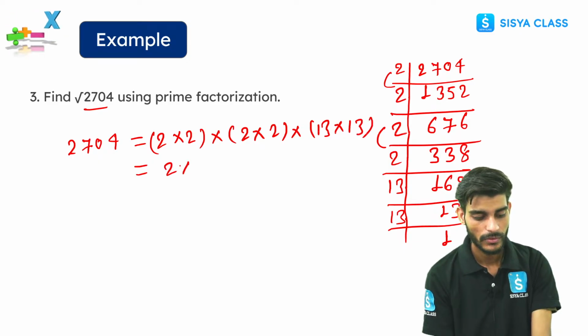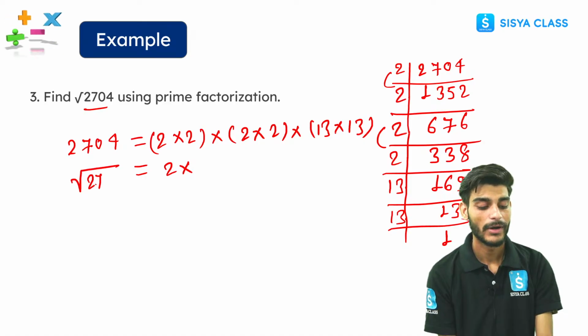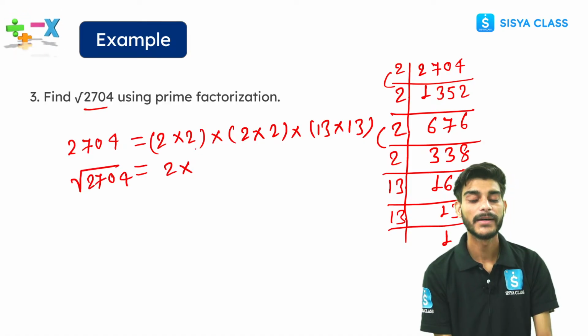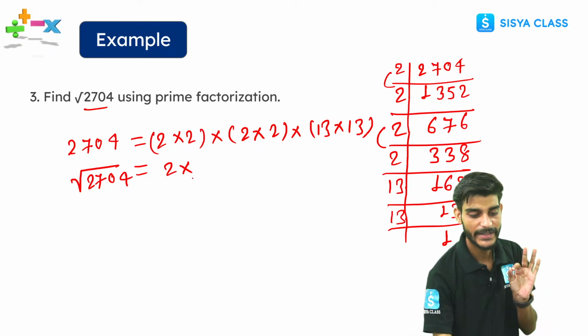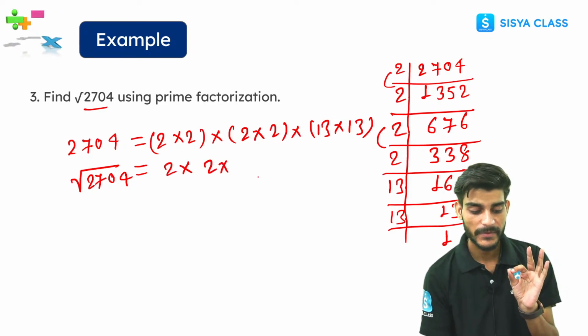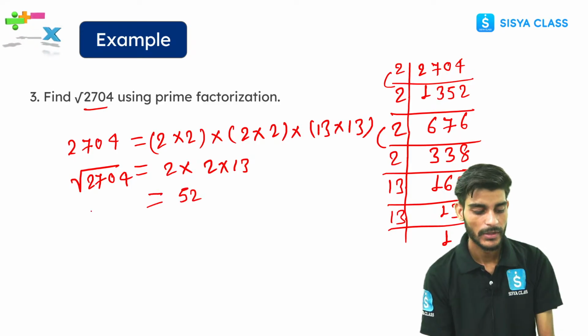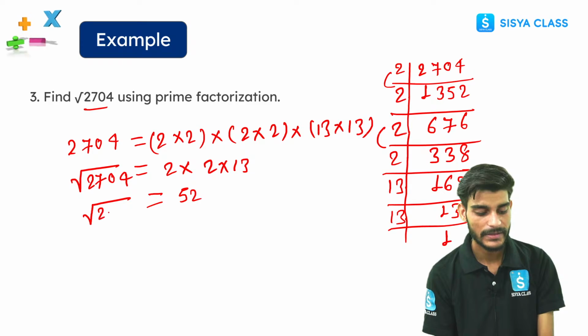If you have to find its square root, what you have to take? You have to take one number from the pairs. So here one number from this pair it is 2, one number from this pair 13, that is 52. So the square root of 2704 is 52.